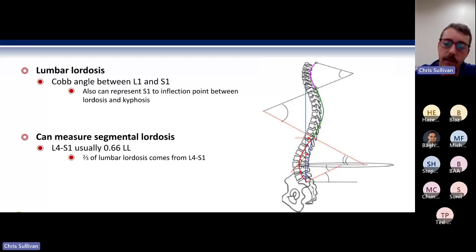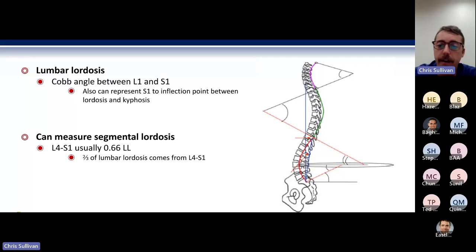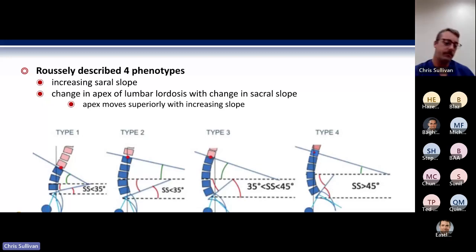L4 to S1 is one that is often looked at for segmental, and that is usually 0.66 of the overall lumbar lordosis, which is to say that about 2/3 of a patient's lumbar lordosis comes from those two segments, L4-L5 and L5-S1. So that is a very important place in terms of getting that lordosis correct.